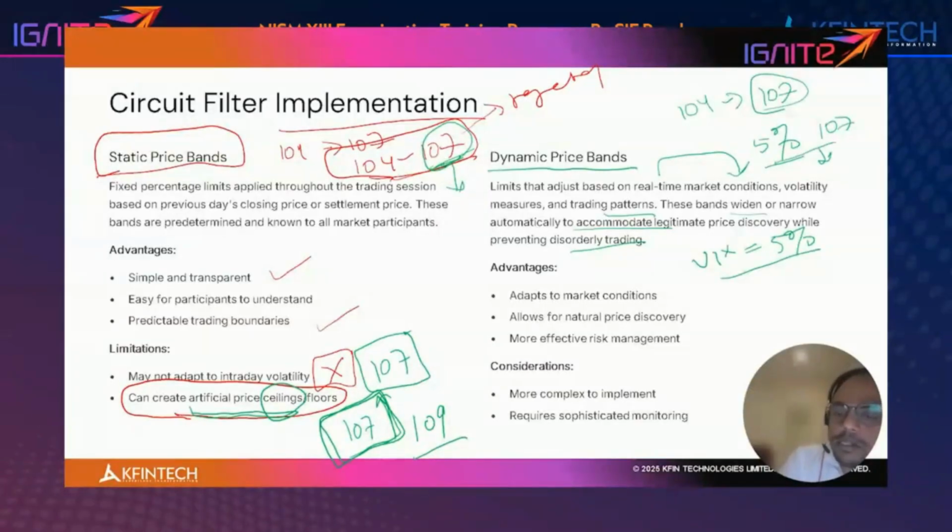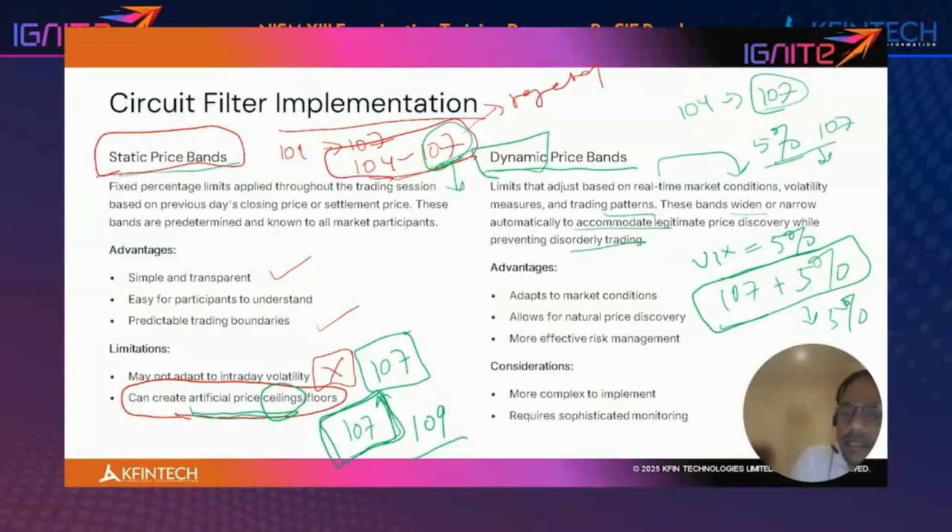If all the conditions are okay, you can adapt to the market requirement and create a circuit of 107 plus 5%. Now this becomes dynamic because it is 107 plus 5% and it can also go further because there is no static price band. It adjusts the price based on real-time market conditions and automatically widens and narrows the bands.